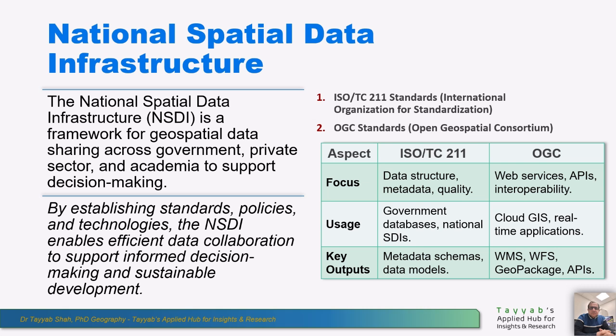Mostly ISO is about data structure, metadata and quality, whereas OGC is about web services, APIs, and the interoperability of data sets. Usage: mostly government databases and national NSDI for ISO, and cloud-based GIS and real-time applications for OGC. The key outputs are metadata schemas and data models for ISO, and here they have WMS, WFS, GeoPackages and APIs, so features and map services.